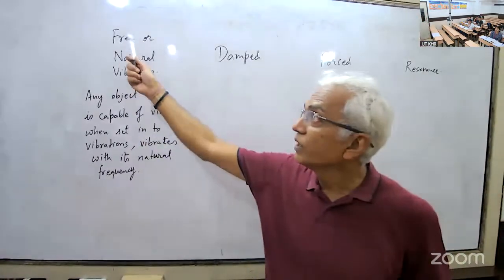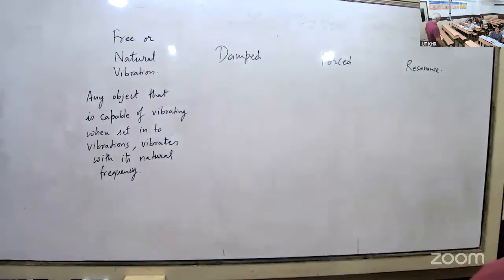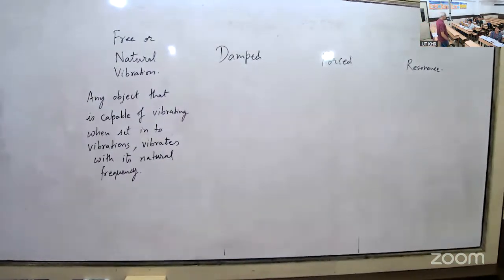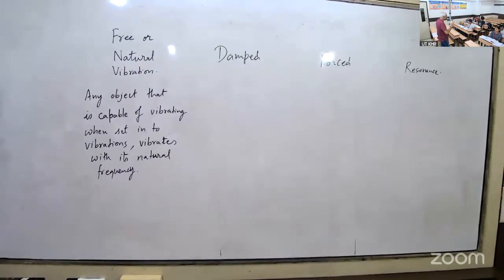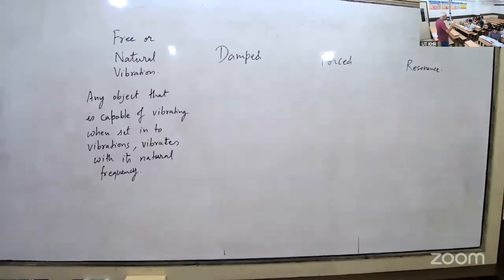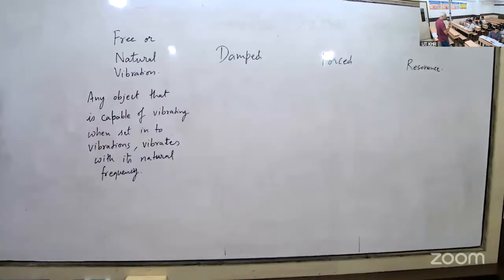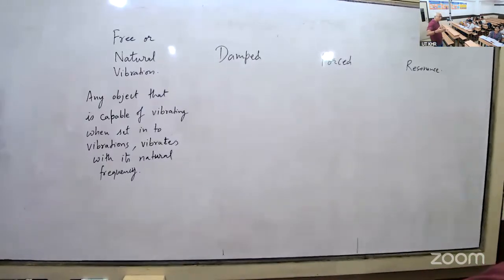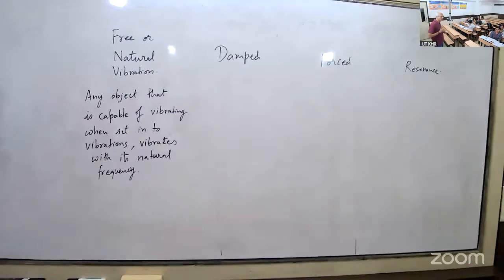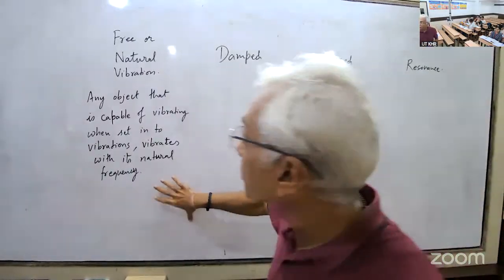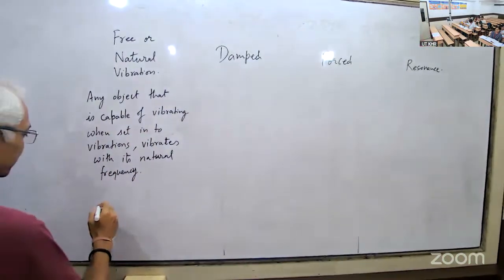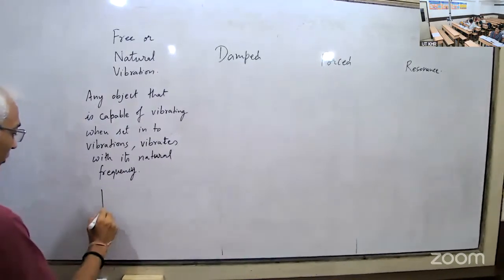Now then, what is free in the natural vibration? Free is just an ideal vibration. No vibration in reality is free. Free vibration can only take place in vacuum. That means, if we were in vacuum and I oscillate it, it will keep on oscillating with the same amplitude. So if I represent it graphically, free vibration will look something like this.